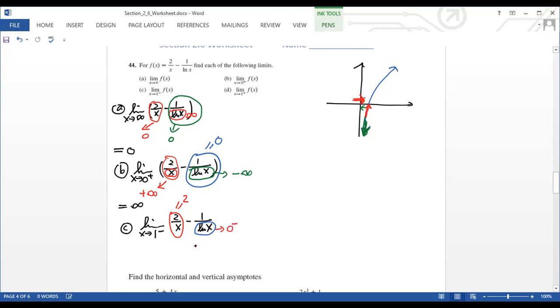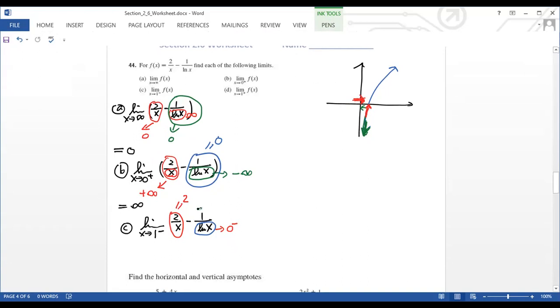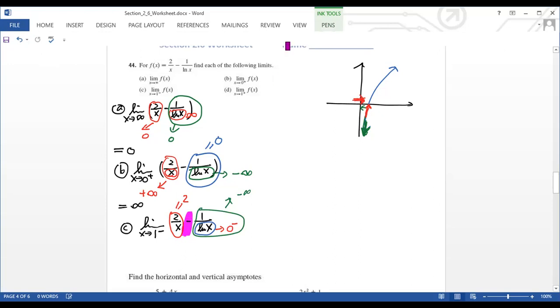Negative 0. Am I right? If you approach negative 0, then the whole thing here is going to approach what? Negative infinity.